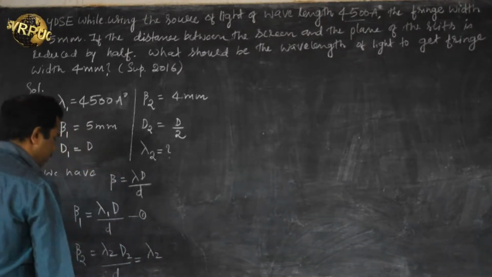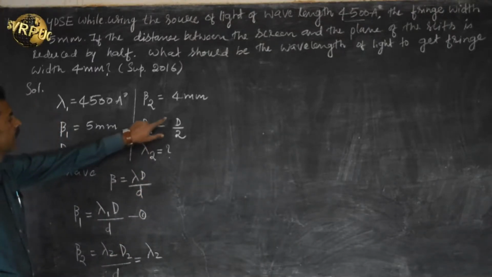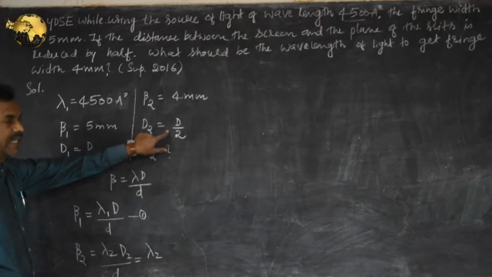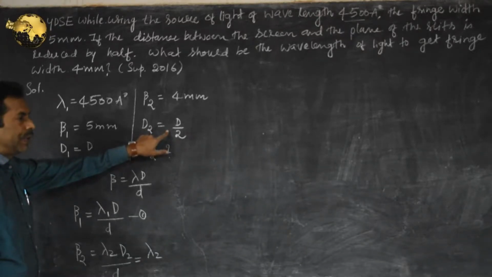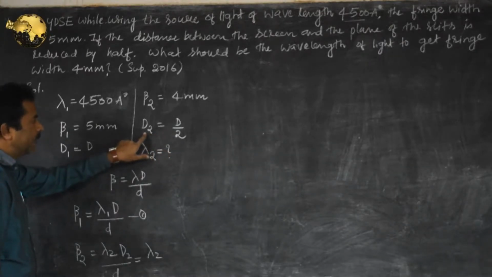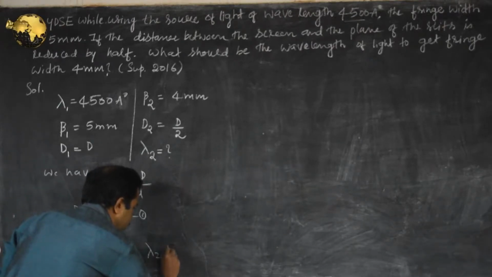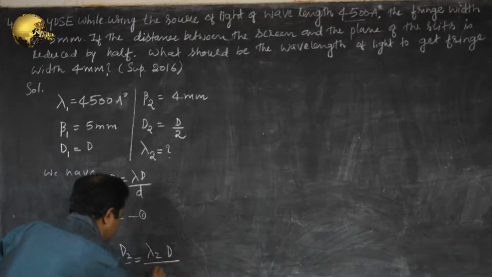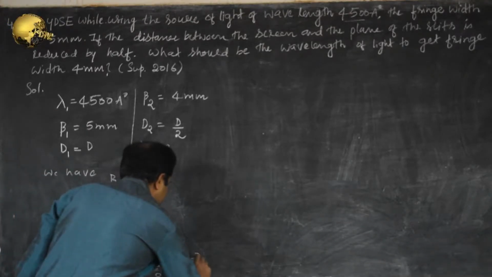The value of D2 is D by 2. The distance between the slit and the screen will be reduced by half in the second case, so that D2 is equal to D by 2. So beta 2 is equal to lambda 2 into D divided by 2 into small d. So this is equation 2.